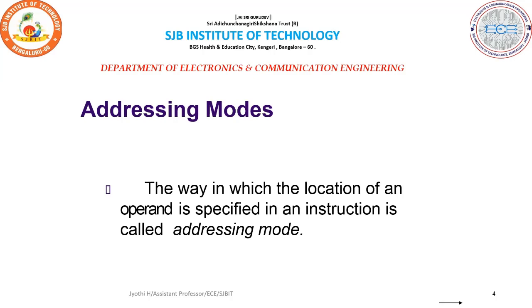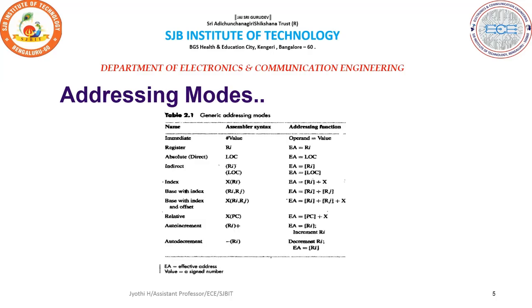When translating a high level language program to assembly level, the compiler must be able to implement these constructs using facilities provided in the instruction set of the computer on which the program will be run. If we take C programming, we need the C compiler.